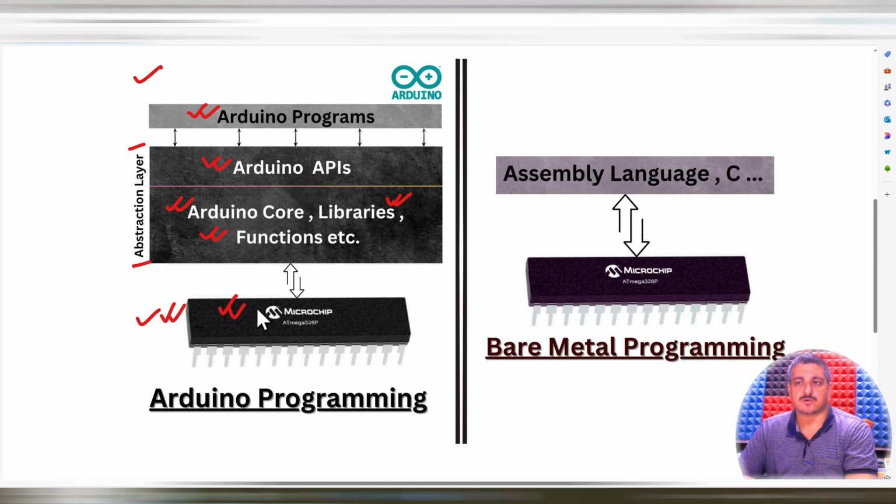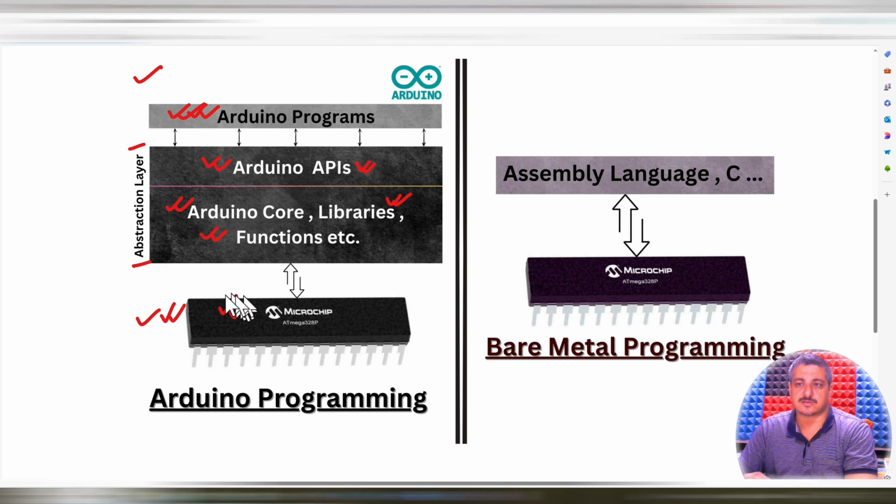So as an application programmer, you just need to use these APIs. You write programs in this layer, and in the abstraction layer, Arduino people actually hide or keep all these complex hardware issues secret, and you just deal with the Arduino APIs, that's all.